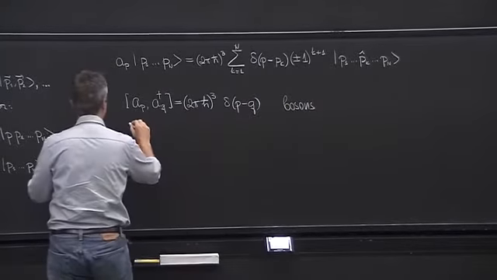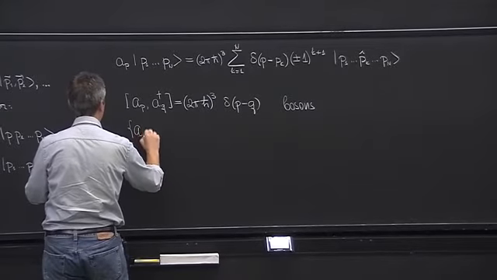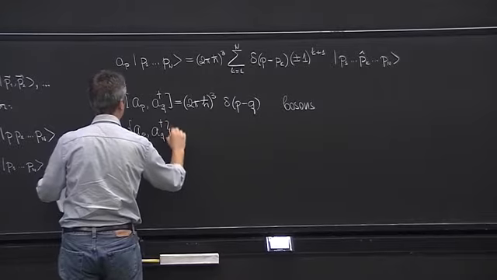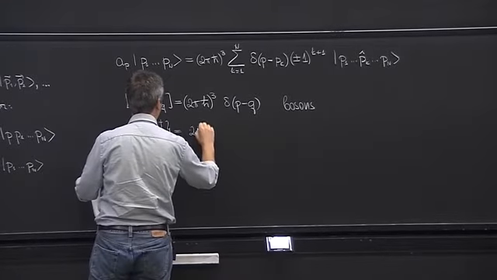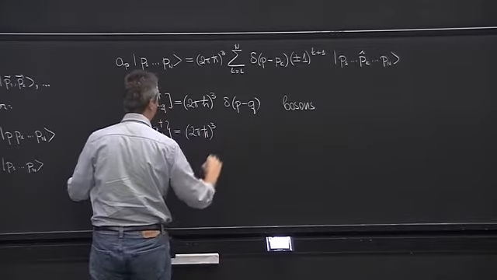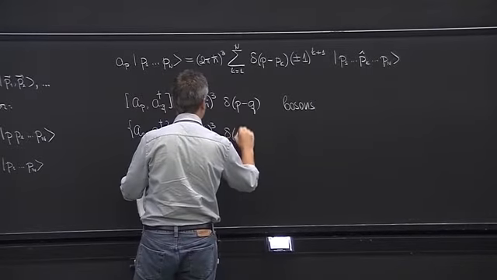For fermions, a natural object is an anti-commutator of creation and annihilation operators. And again, it's equal to (2 pi h bar) cubed times the delta function.